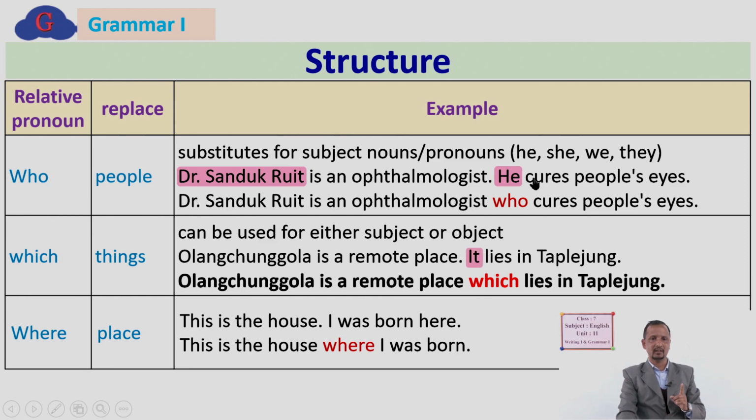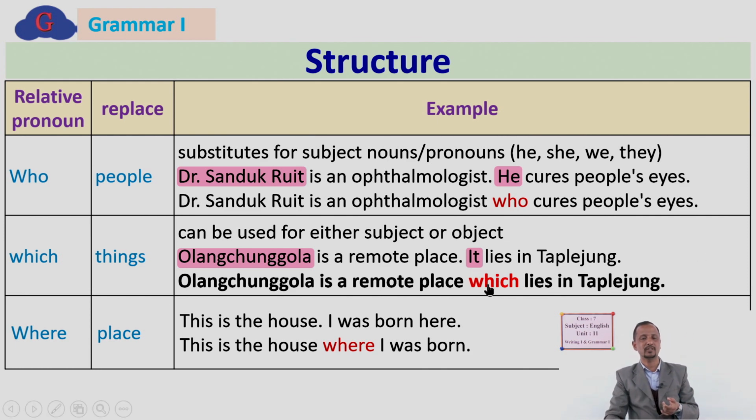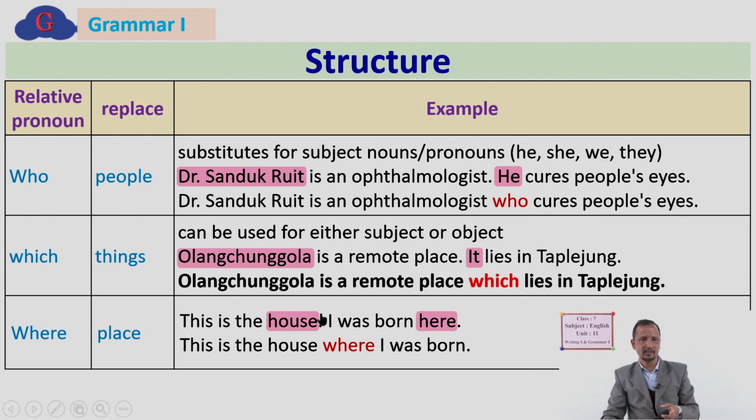Olanchungola is replaced with what? Let's see, which. Olanchungola is a remote place. It lies in Taplejung. Olanchungola is a remote place which lies in Taplejung. This means it is replaced with which, and it has a relation with Olanchungola. Similarly, the next one. House is a place.